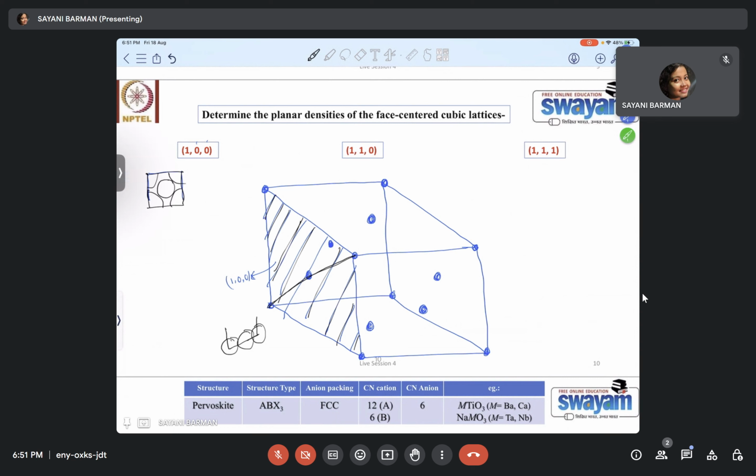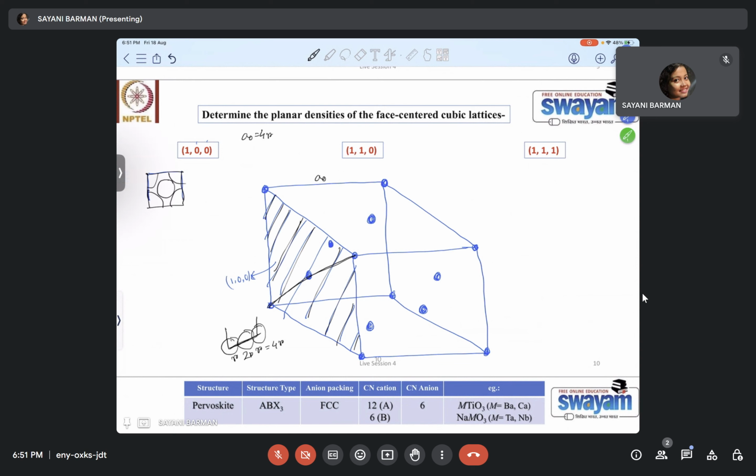This is the face diagonal. If the radius of each atom is r, then the center one is taking the diameter, so the diagonal equals 4r. Now the length of the unit cell, let's say it's A0.